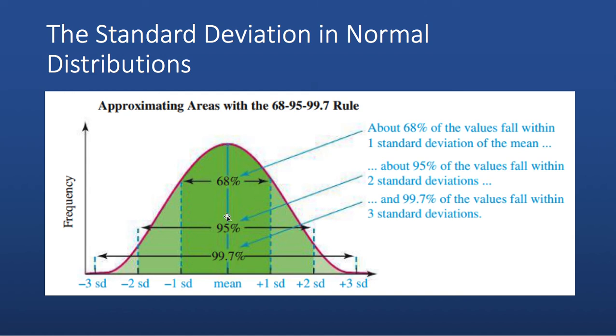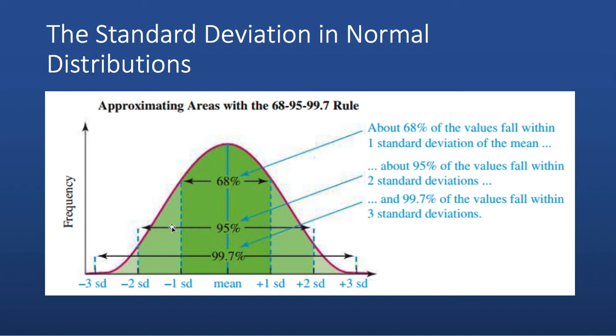So if the mean value is here and the standard deviation is this big, 68% of the data would either be one standard deviation above or one standard deviation below. So from this dotted line to this dotted line, 68% will fall in that range.